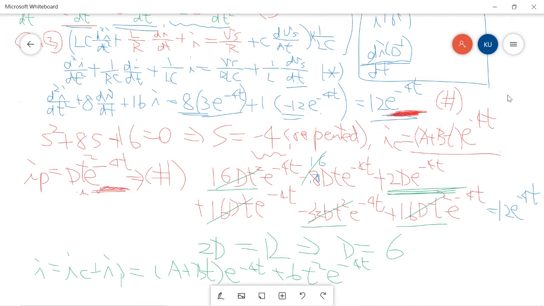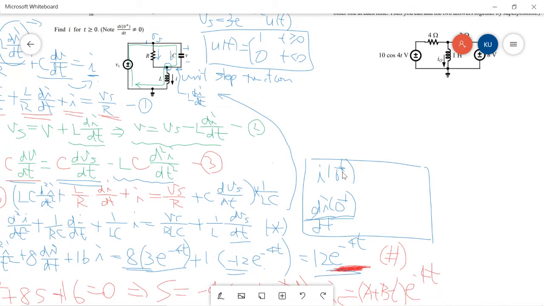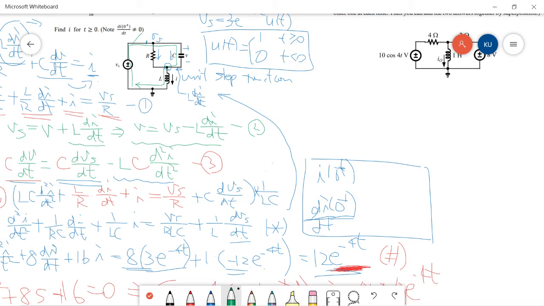So next, we need to determine the initial value. Actually, at the very beginning, the switch here should be open, which means that there shouldn't be any current going through here, which means that I0 plus should be equal to I0 minus, which is 0.